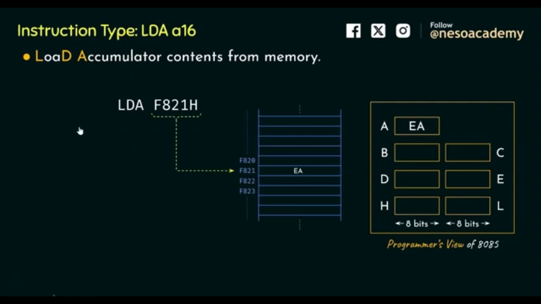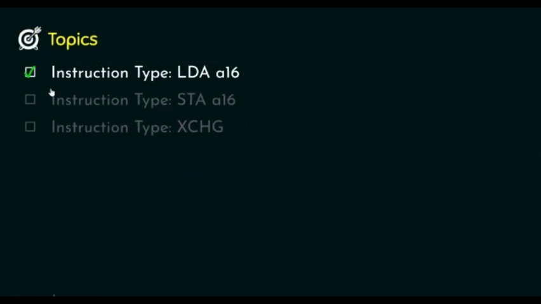So remember, the instruction type LDA a16 is a 3-byte long instruction, and here the LDA stands for load accumulator contents from memory. Now, from which memory location? The memory location will be sent directly in the instruction itself. So that was all about the instruction type LDA a16.